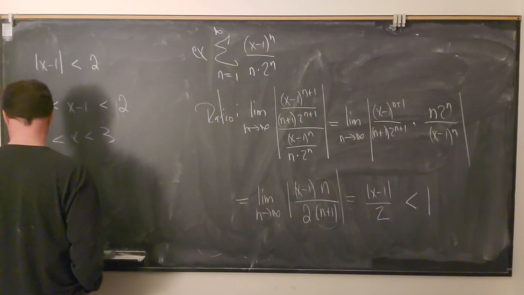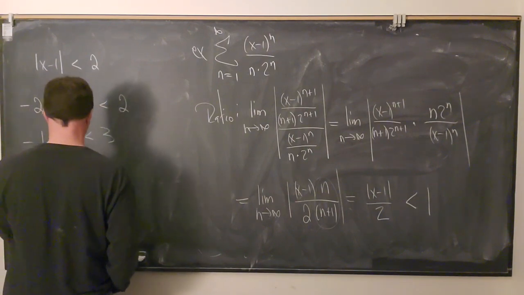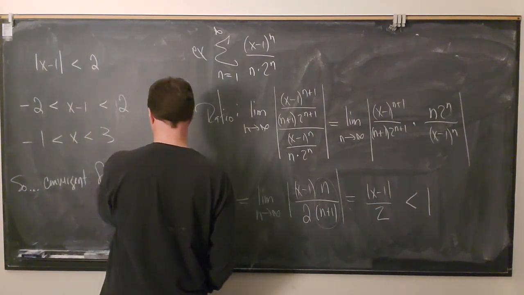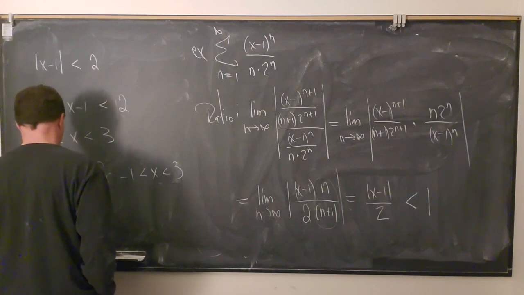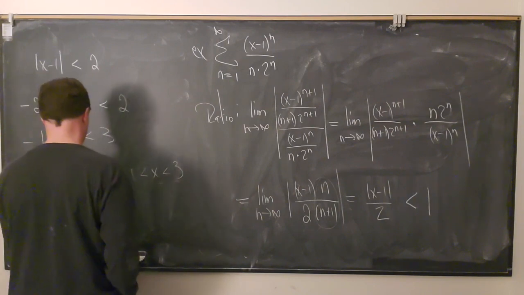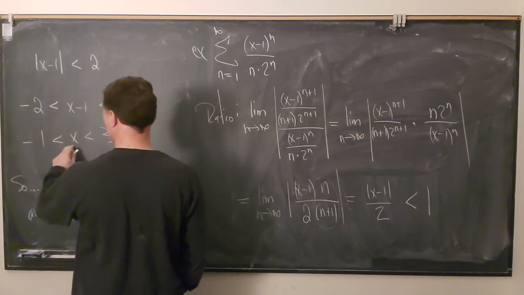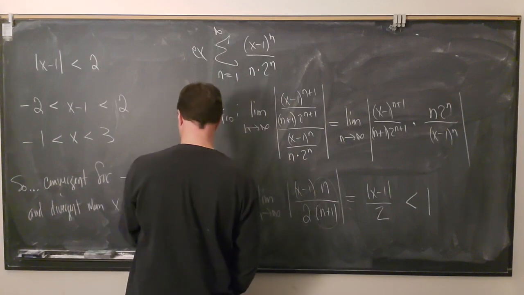So it's convergent for -1 less than x less than 3, and divergent when x is strictly less than -1 or x strictly greater than 3, right?